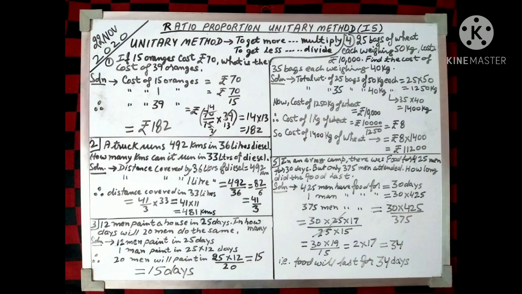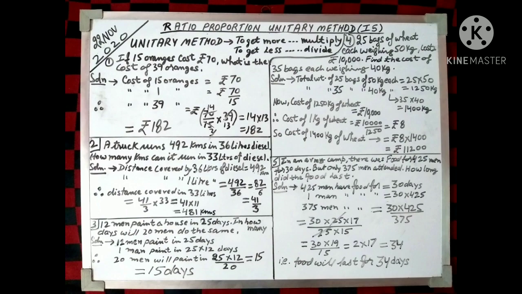Total weight of 35 bags of 40 kg is equal to 35 into 40, that is 1400 kg. Now we are given that the cost of 1250 kg of wheat is equal to rupees 10,000. So we can write the cost of 1 kg of wheat will be rupees 10,000 divided by 1250, right?